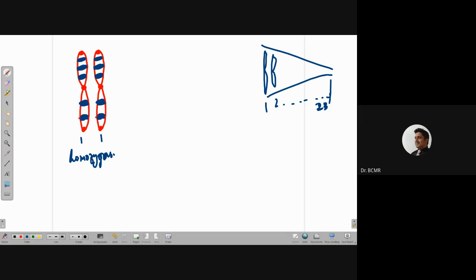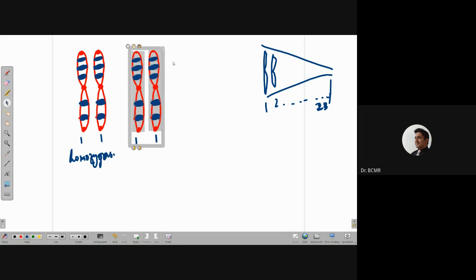If I try to make it a different way, if I have an additional chromosome 1, there we are talking about the same chromosome, chromosome number 1. But there is a difference.